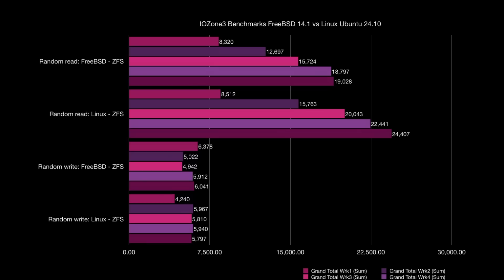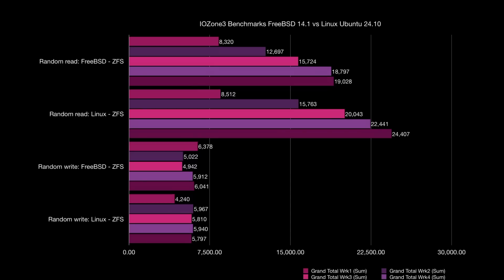The second one, Linux picks up and beats the FreeBSD a little bit. It's a little faster. Then on the third, FreeBSD drops back to 4942. And Linux falls back a little bit too, 5810 instead of 5967.